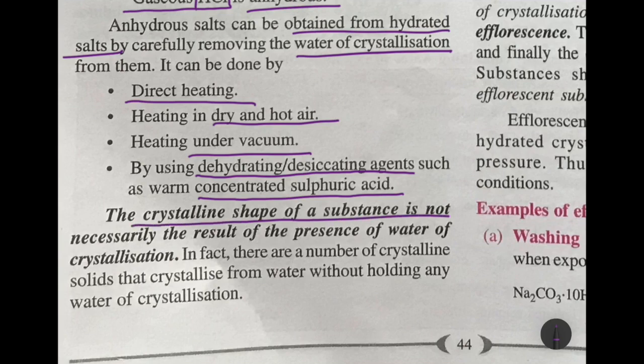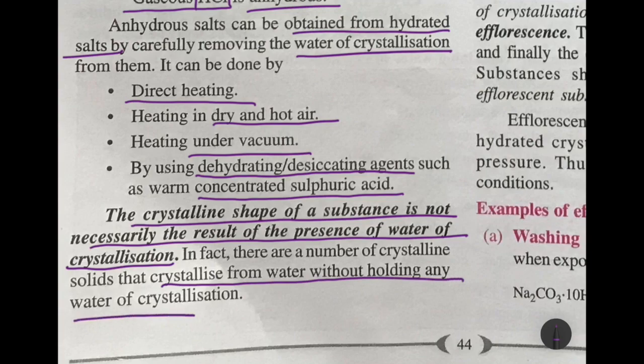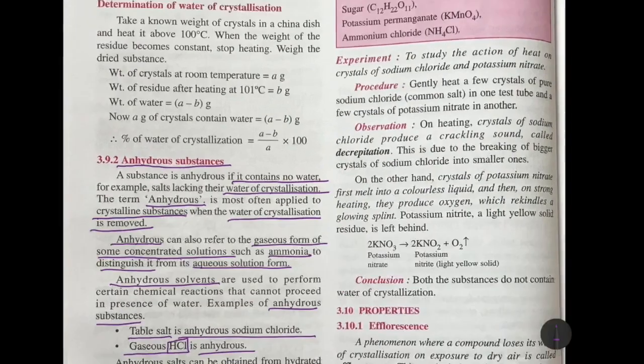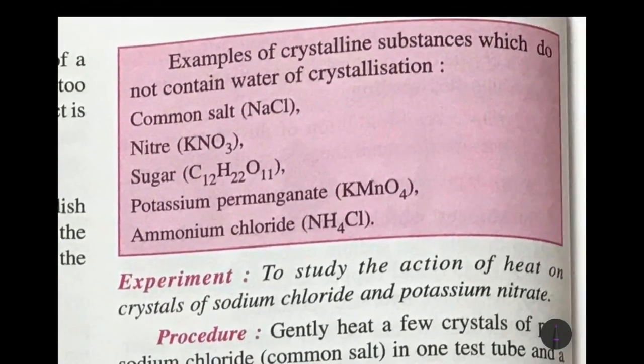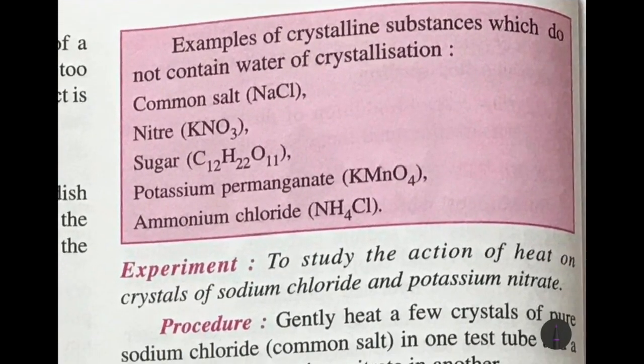So the crystalline shape of a substance is not necessarily the result of the presence of water of crystallization. Now there are many crystalline solids in the laboratory that crystallize out from water without any water of crystallization. They come out as crystals, but they do not have any water of crystallization. Now these examples are very important.